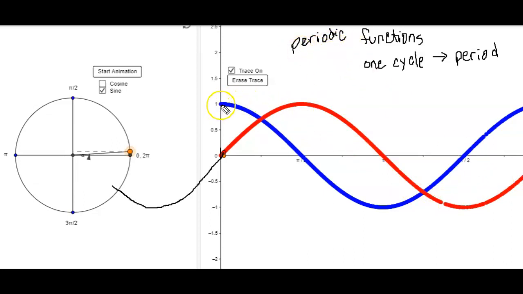All right, and cosine, one period for cosine. Cosine starts, because we always start over here on the x-axis, remember, and we spin counterclockwise around the circle. Cosine starts actually at its highest value. So it starts at the maximum up here at the top, dives all the way down to the minimum at the bottom, and then it comes back up and ends where it started at the maximum.